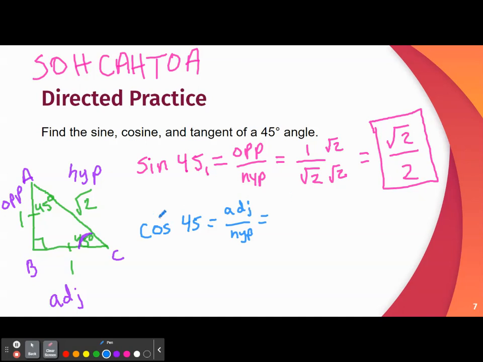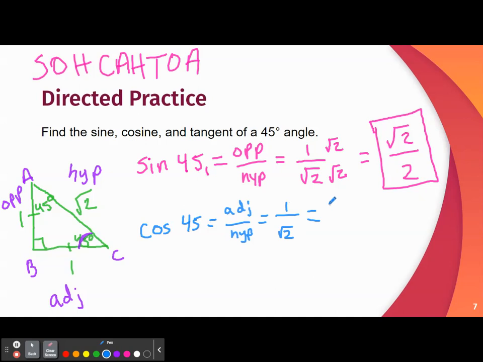What's the number for the adjacent side? So if you look at adjacent, what number do I plug in? 1. And what number do I plug in for hypotenuse? Square root of 2. Now, this is not in simplest form because I have a radical on the bottom. What's 1 over the square root of 2 going to be once I get done simplifying it?